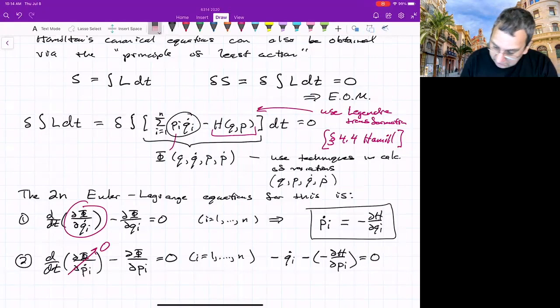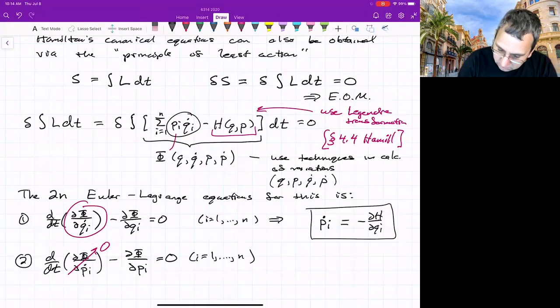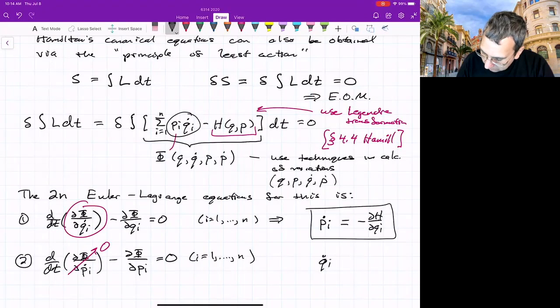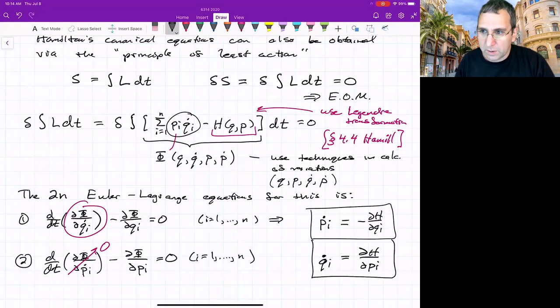And then you just rewrite that. And what does it give you? It gives you the other half of Lagrange's equations. Qi dot equals partial h partial pi. So, what do you know? So we recover Hamilton's canonical equations.